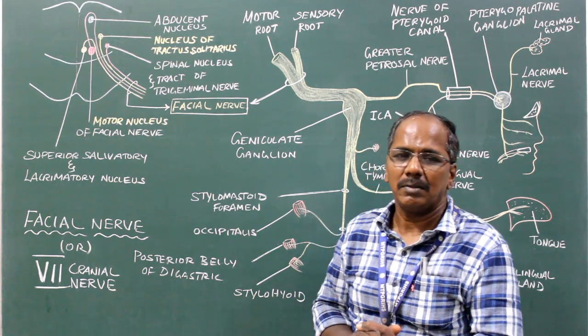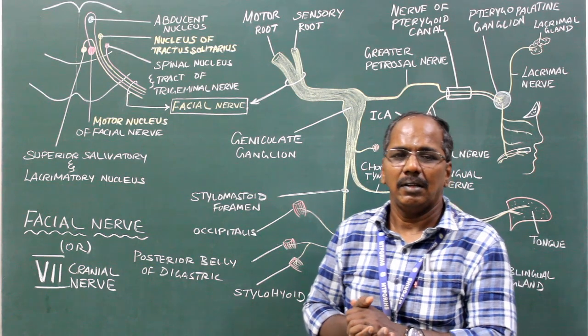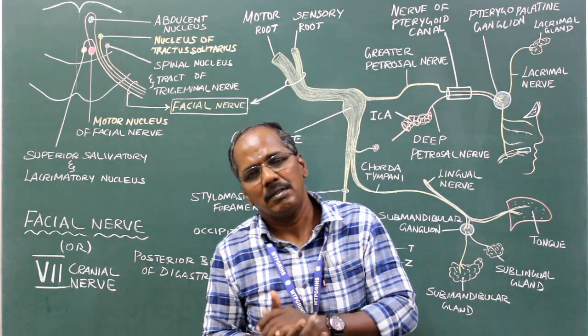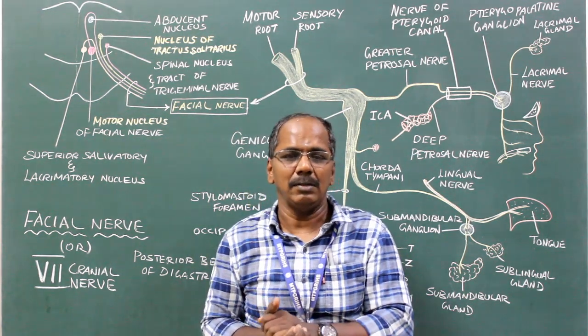Number two, general visceral efferent. It carries preganglionic parasympathetic fibers.